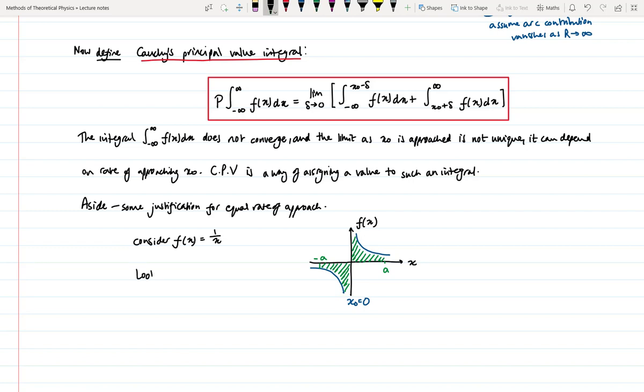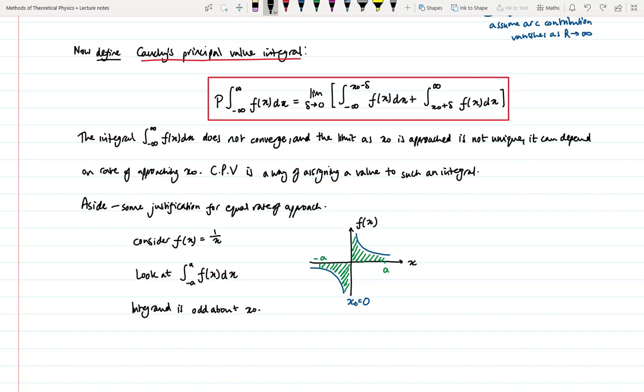So look at the integral from minus a to a of f of x dx. Well, you'll note that the integrand is odd about x0.